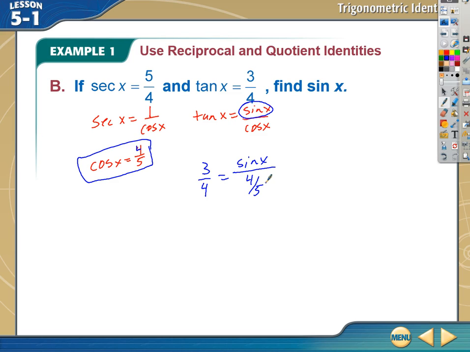Well, now that I have that, I can multiply both sides by 4/5. Okay, well, if I multiply both sides by 4/5, I have 4/5 times 3/4 is equal to, well, when I multiply by 4/5, that goes away, and I'm left with sine x. Well, the 4's cancel, and I'm left with 3 over 5 is equal to sine x.